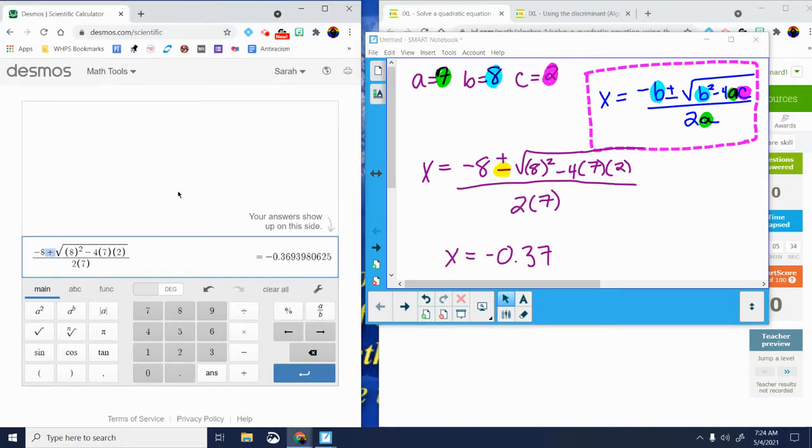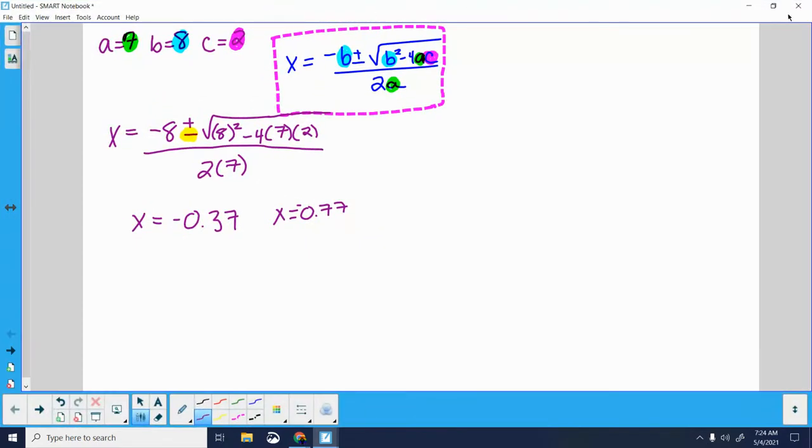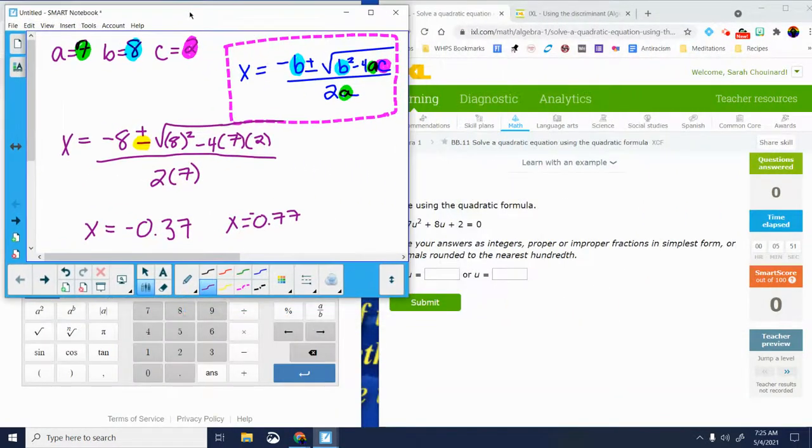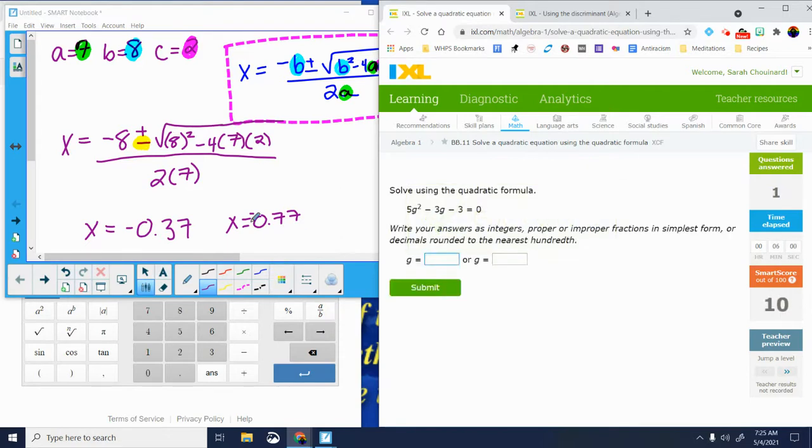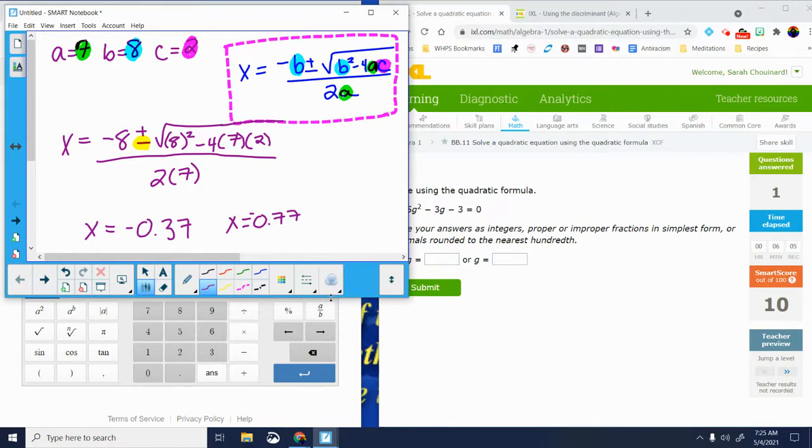So I'm going to change this plus sign to a minus sign, and that gives me -0.77 when I round to the nearest hundredth. So my two answers are -0.37 or -0.77.